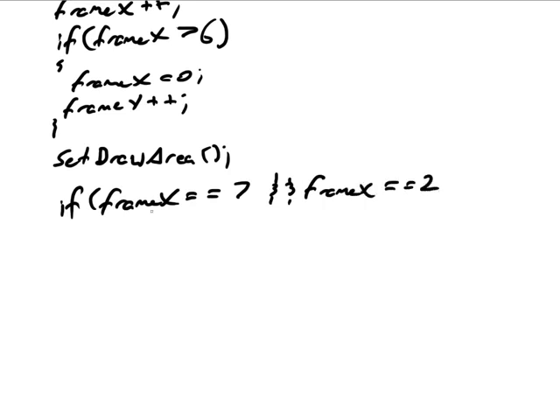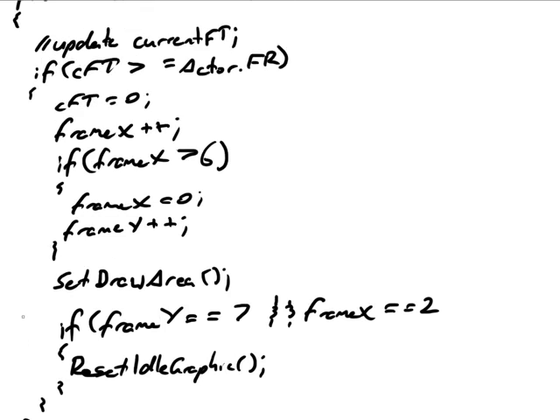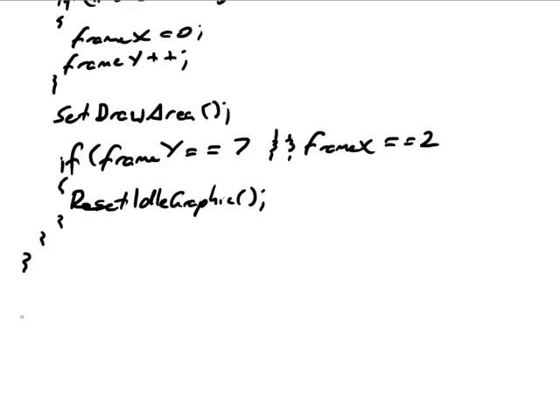I've written frame X here as well, sorry, that's supposed to be frame Y. Then we know to call ResetAnimation and return. We don't even need to call return because we're not going to be changing our draw area again. So close it, and finish off the entirety of the animate method.